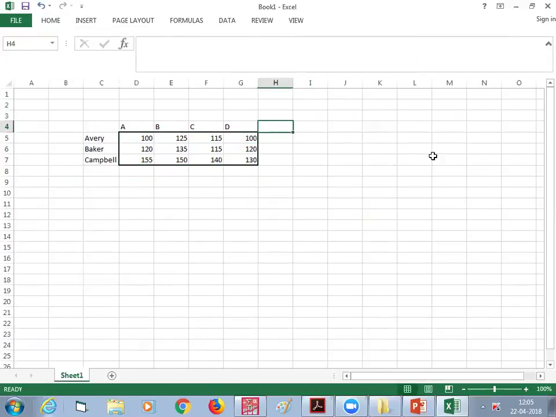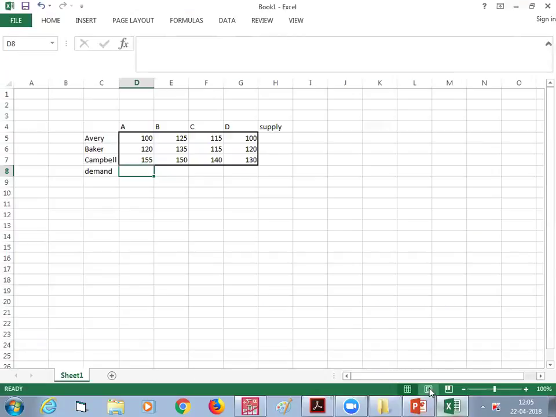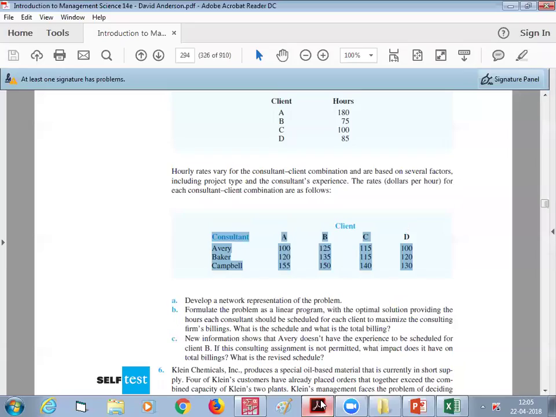And we can have the supply and demand. Now, what was the demand? 180, 75, 100 and 85, I think that was it.